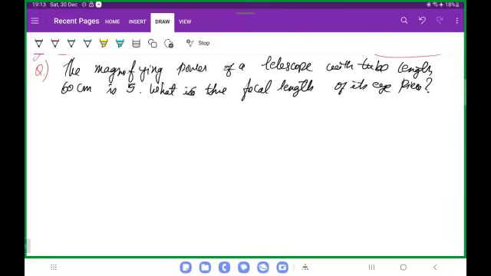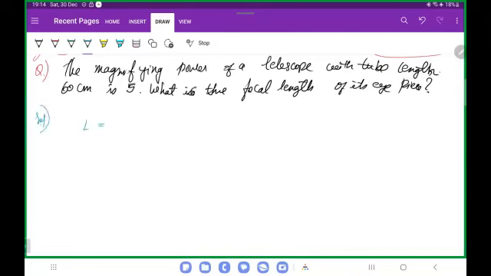Who remembers this formula? Tell me, first tell me how to find the length of a telescope. It's easy. Come on. Samhita, tell me. Do you remember? No, sir, I don't.